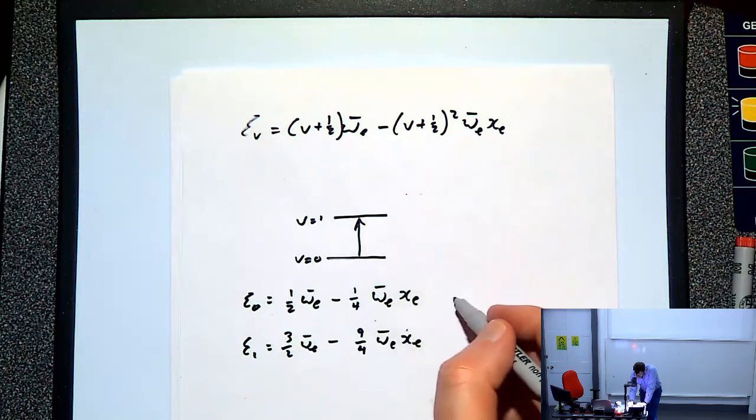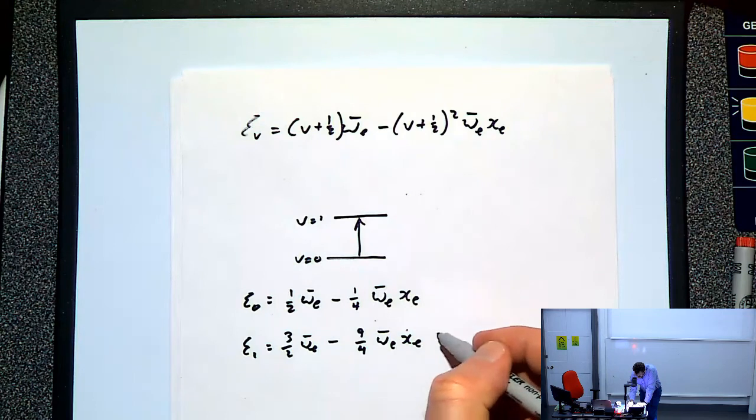So this transition will be this first value subtracted from the second value.